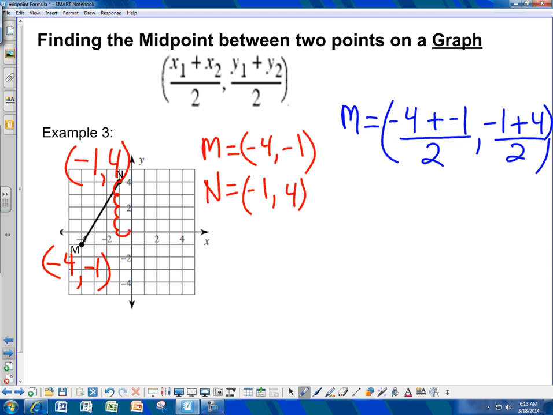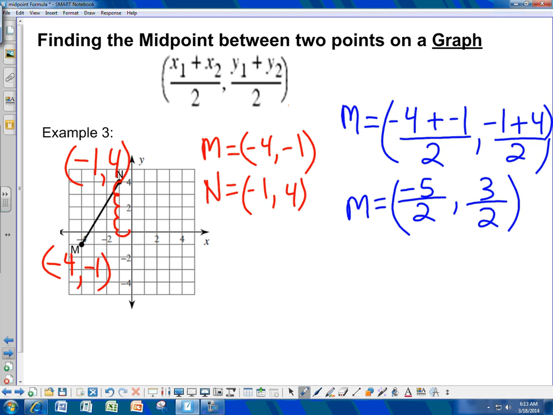All right, now we're going to do the math for both these fractions. We end up with negative 5 divided by 2 for the x. For the y, we end up with positive 3 divided by 2.